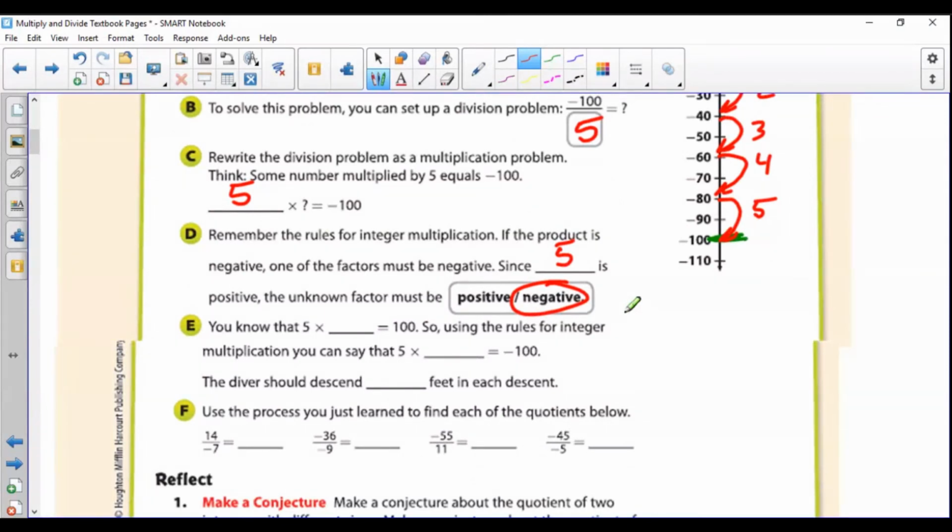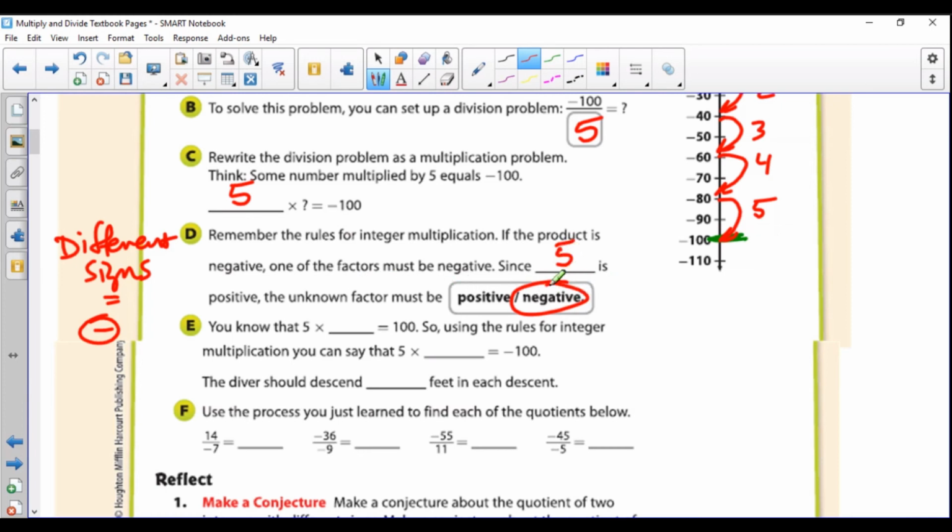So since our answer is negative, it would have to be negative because we already have a positive number. Remember, if I multiply by different signs, my answer is negative. And since this answer is negative, I have to make sure my next number is different.